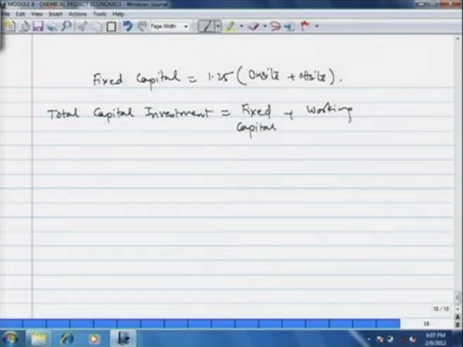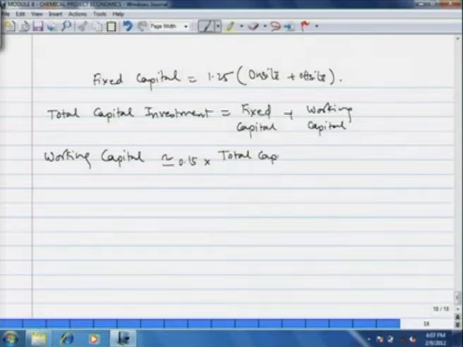Now, working capital is typically 15% of total capital investment, and startup cost I already told you is 0.1 times fixed capital investment.